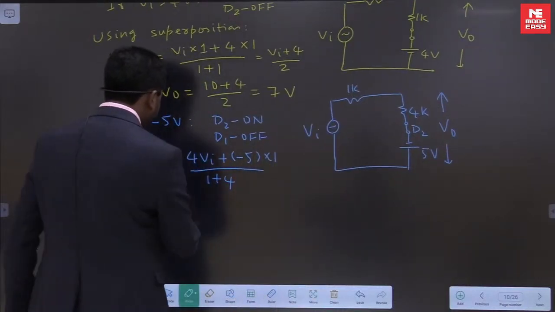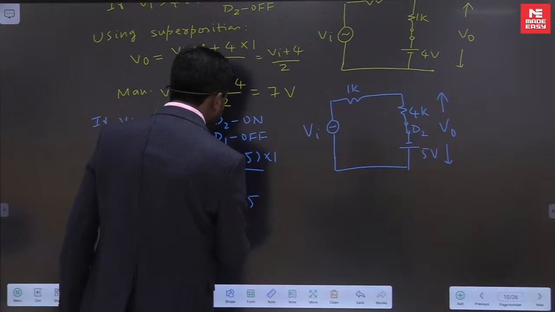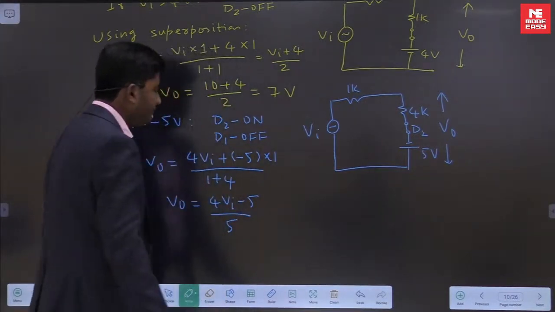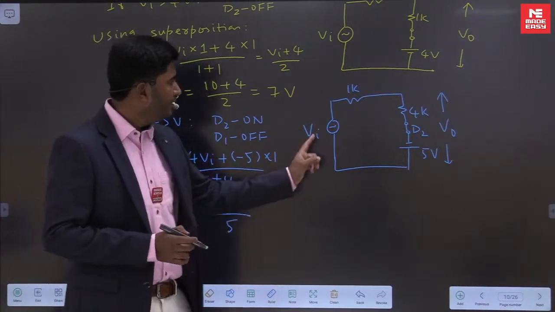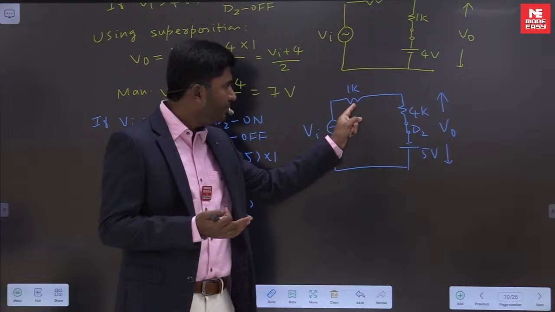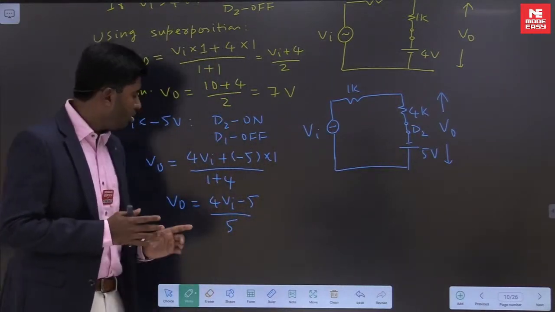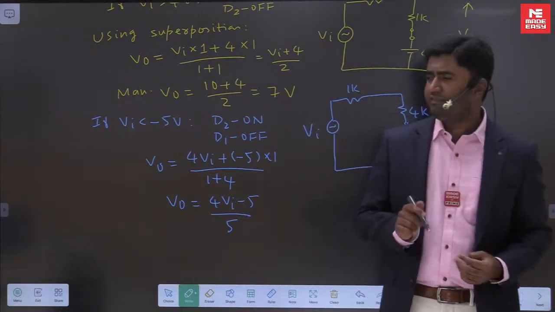So in this way I will be getting V0 equal to (4 Vi minus 5) divided by 5. I have applied the superposition formula once again: Vi into 4 plus -5 into 1 by 1 plus 4. Now this is the output when input is less than -5.